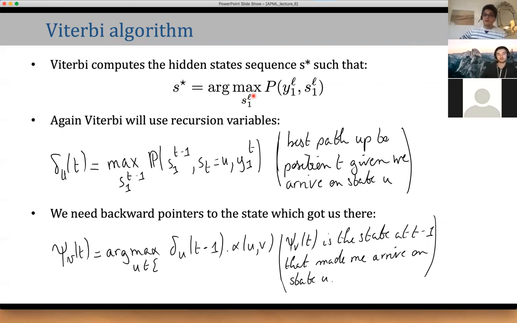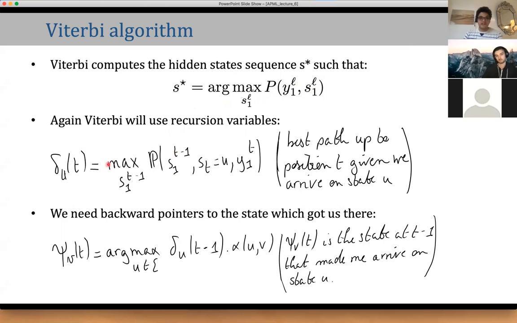So we need to take the maximum allocation over a value that we compute. So we will have to introduce recurrence variables that allow us to transfer the max sequence from a sequence of length t to a sequence of length t plus 1.